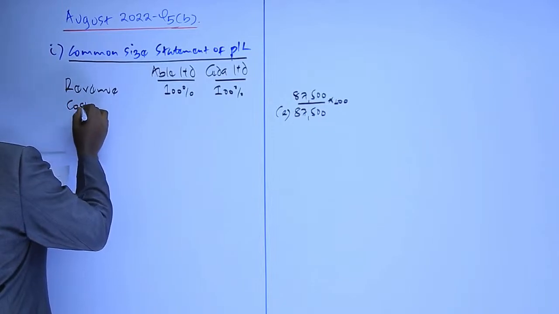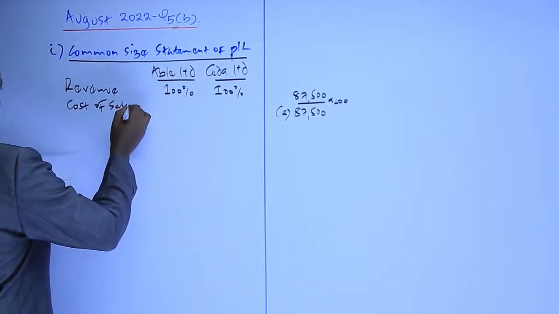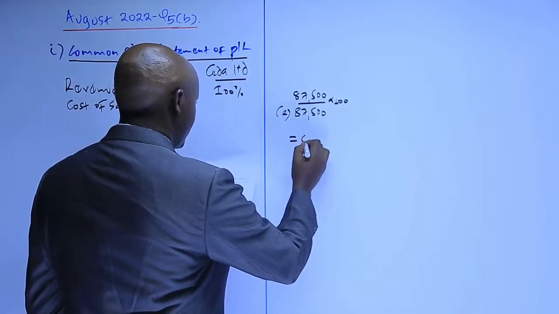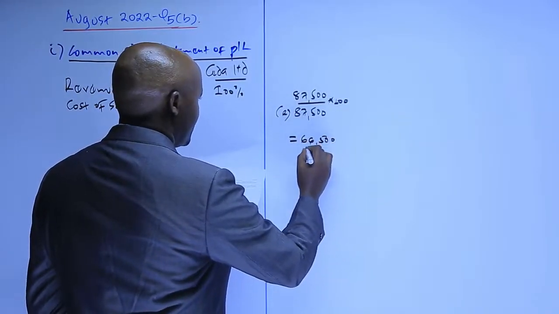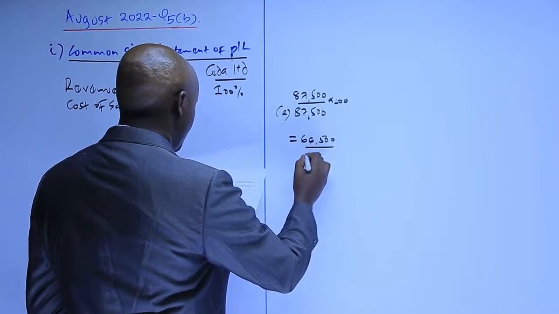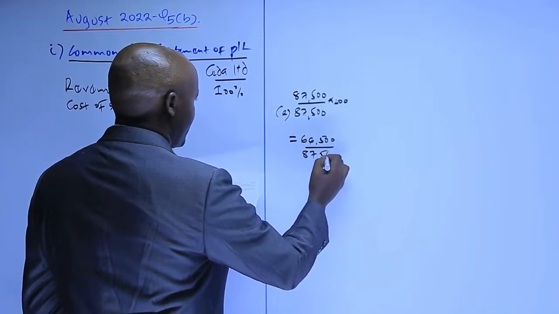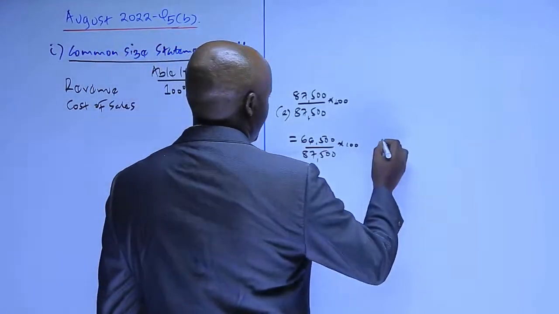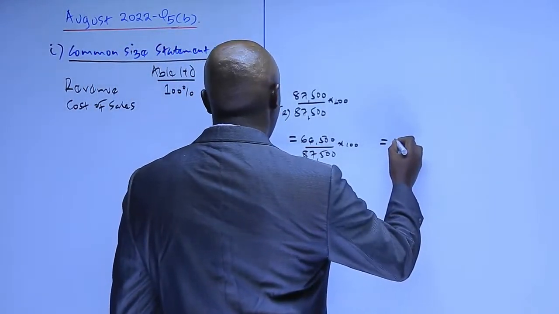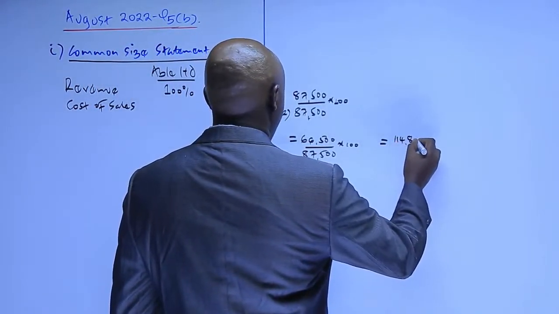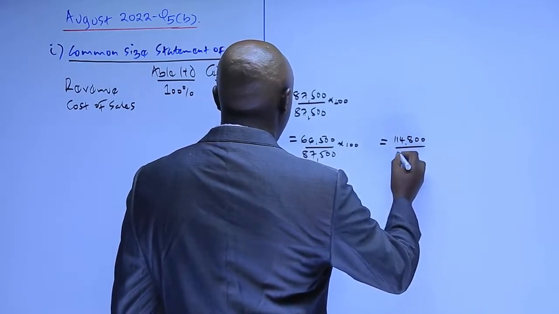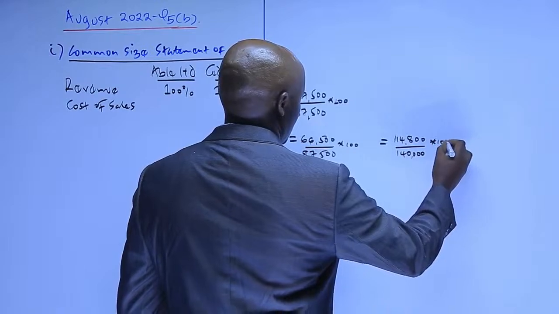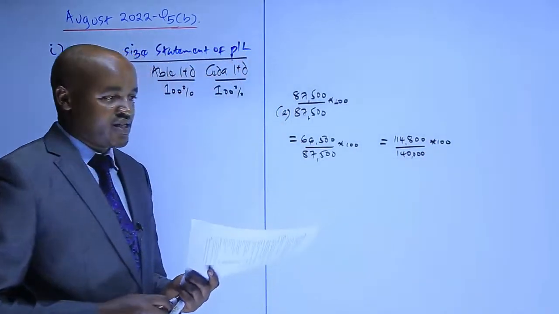Then we have the cost of sales. To express the cost of sales as a percentage of revenue, we take the cost of sales 66,500, divide that by the revenue for that company which is Able, 87,500 times 100. That is for the first company. For the other company which is Cedar, we are going to do the same. Take its cost of sales, 114,800, divide that by the revenue for Cedar Limited times 100. So let's compute this.